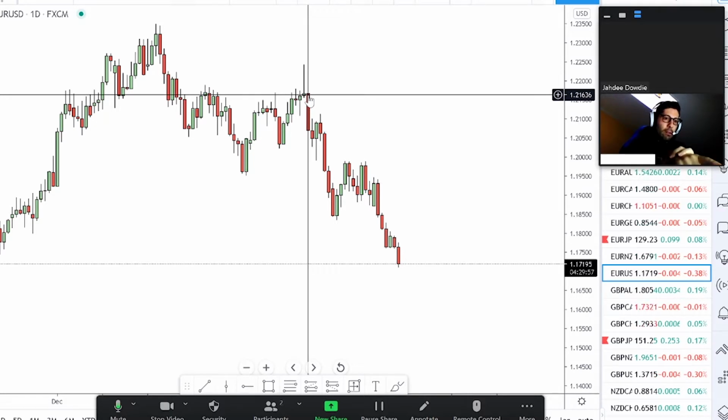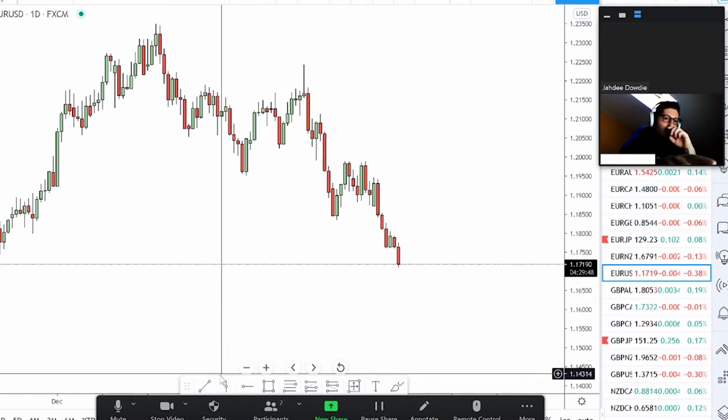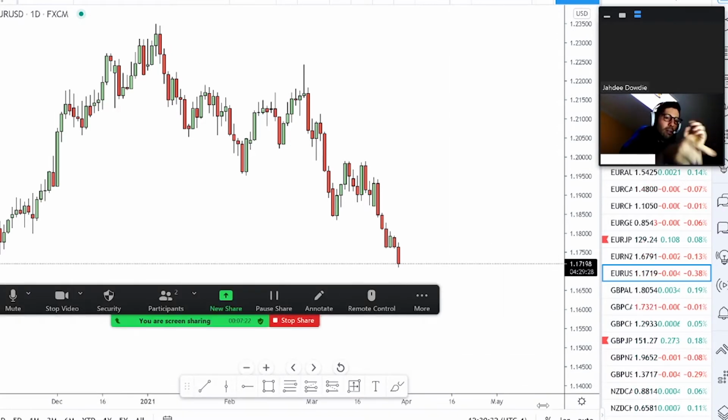Okay, if you scroll your mouse down on the right side, a little bit more, you see auto, log, percentage. I see some people have another adjustment near that one, but what is it called?